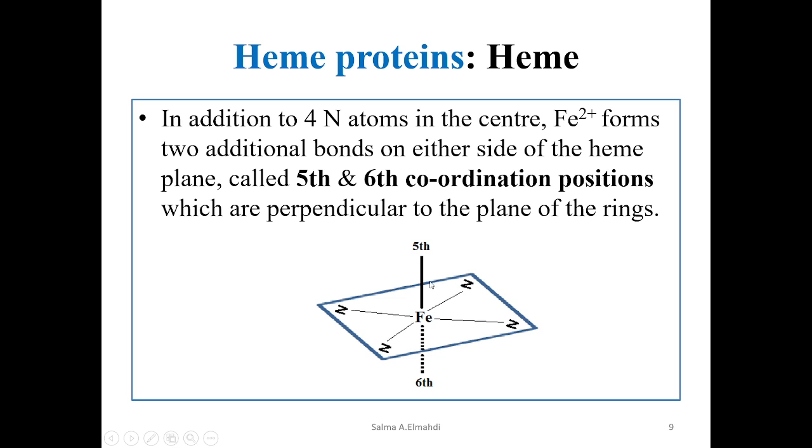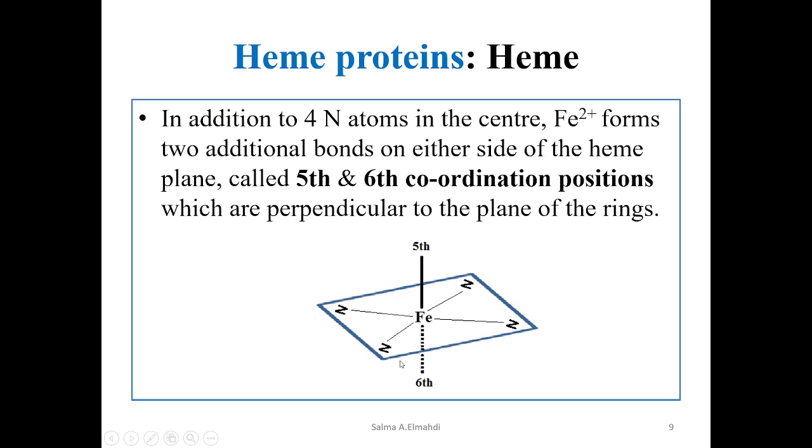So if you look at the three-dimensional configuration, these ends represent the four pyrrole rings linked to ferrous iron in the center. Additionally, ferrous iron has two more binding sites called the fifth and sixth coordination positions, which are perpendicular to the plane of the rings.